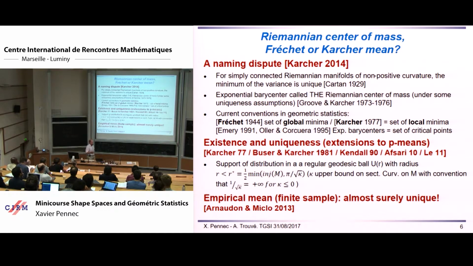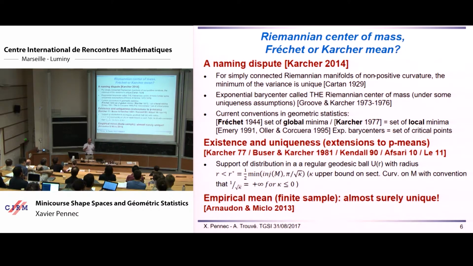So now the uniqueness can be ensured if we are in this type of conditions. This was worked out by Karcher, very well explained in the book of Buser and Karcher, revised by Afsari, by Lê and Marc Arnaudon for the p-means. Basically, the idea is that if we are in a geodesic ball which is sufficiently small, there are two arguments.